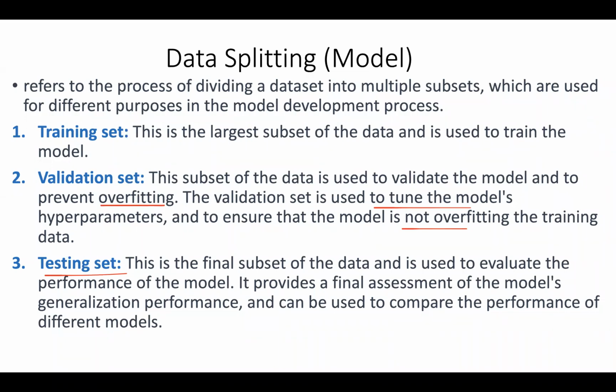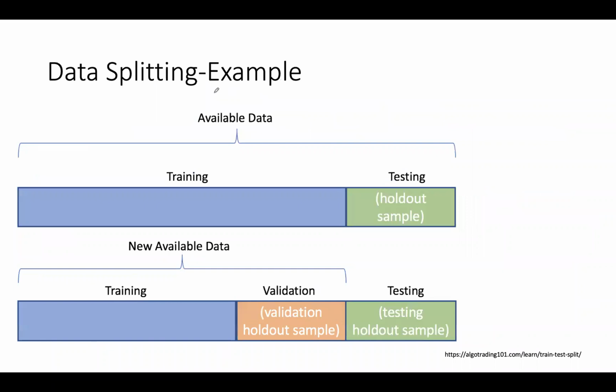Now let's look at an example here. So here, let's say you have your available data. Let's assume that we have a data set that has 1,000 customers. Now we want to split this data set into training, validation, and testing, right?